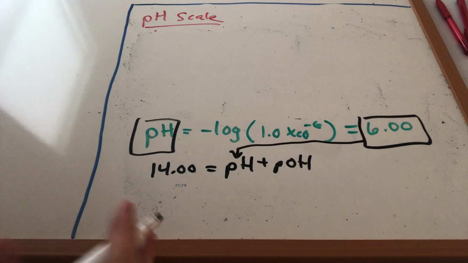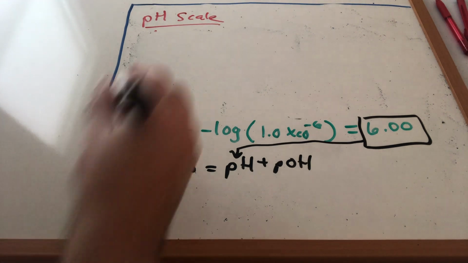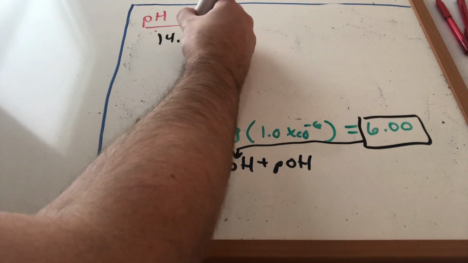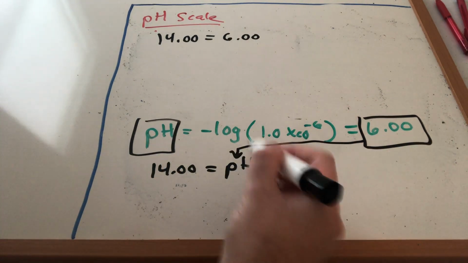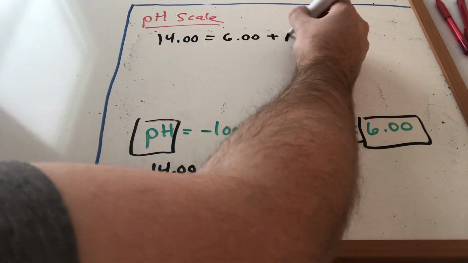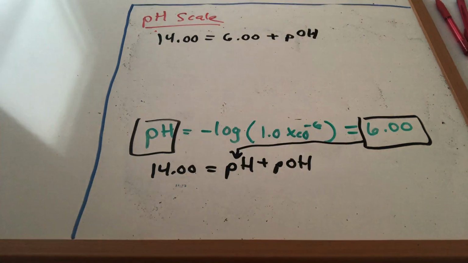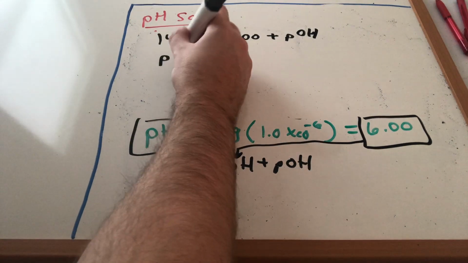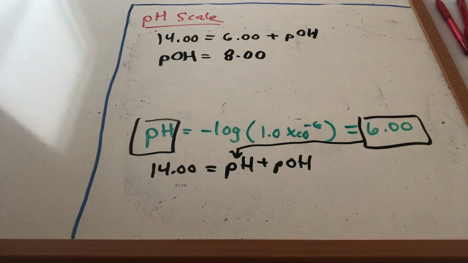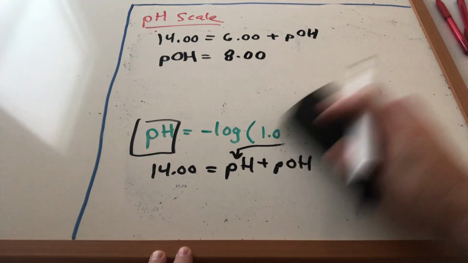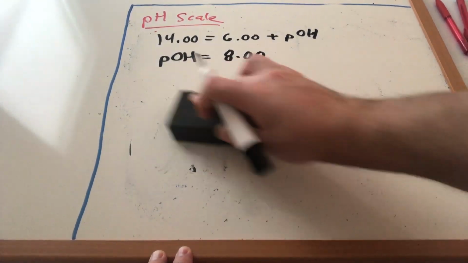So for this particular acidic solution, 14.00 looks like 6.00, that number we got for pH, plus pOH. We can do this math real simply. pOH is 8.00.